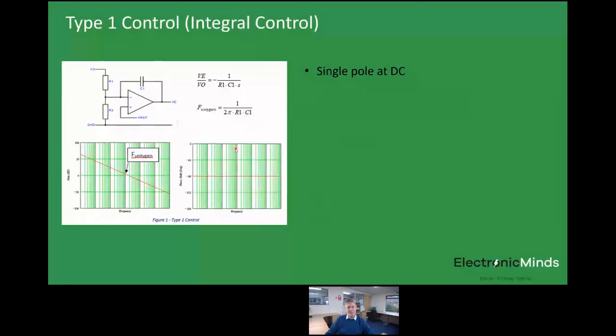The only downside of type 1 control is that we have a constant fixed 90 degrees phase shift, but it's very simple to design, that one, and it's often what we use to stabilize converters. If we're really not sure about their frequency response, you can design for a very low loop crossover frequency, and you should be able to come up with a stable system.